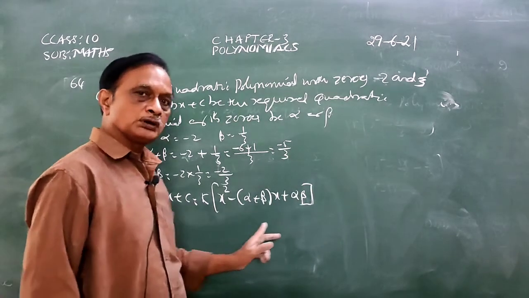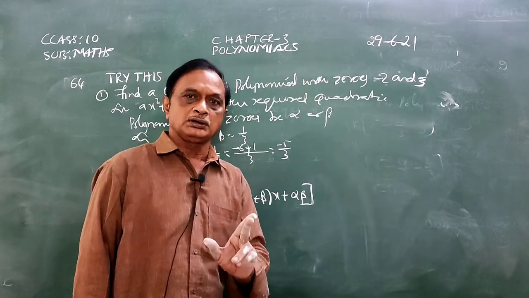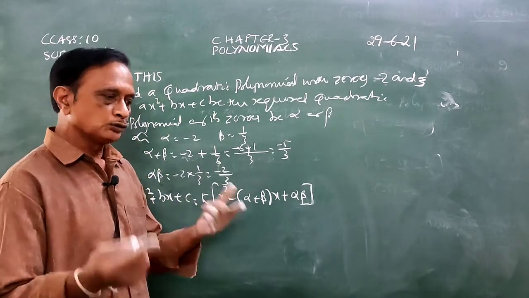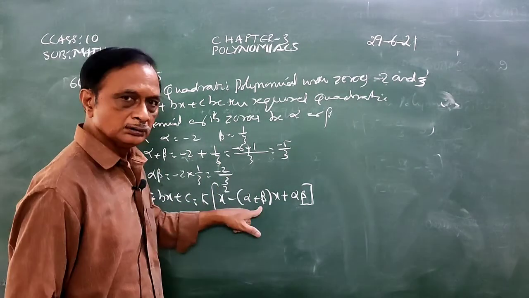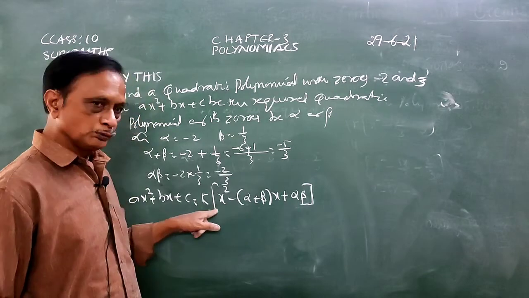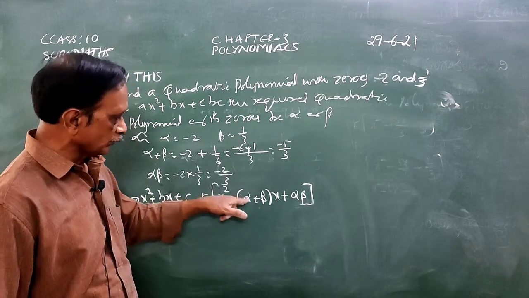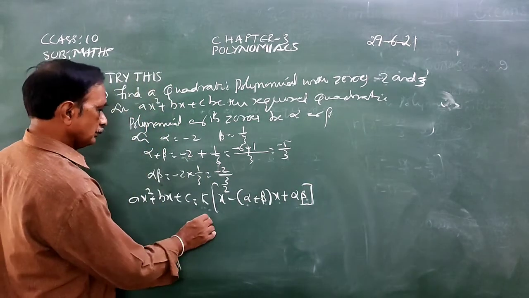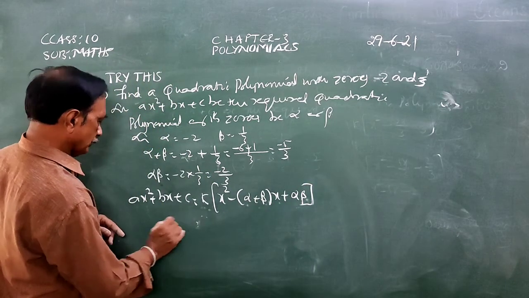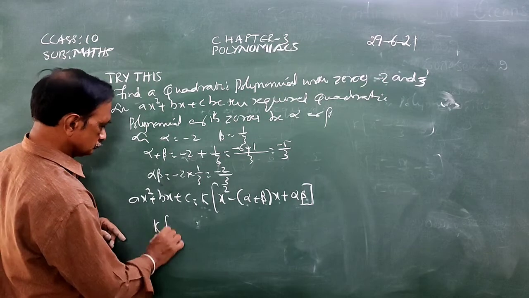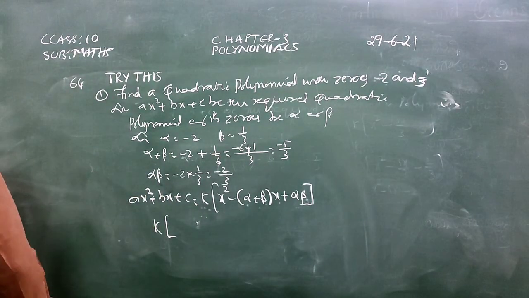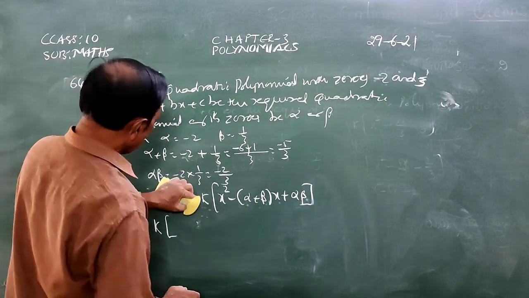This is the formula to find the quadratic polynomial when the zeros are given. So apply this formula.